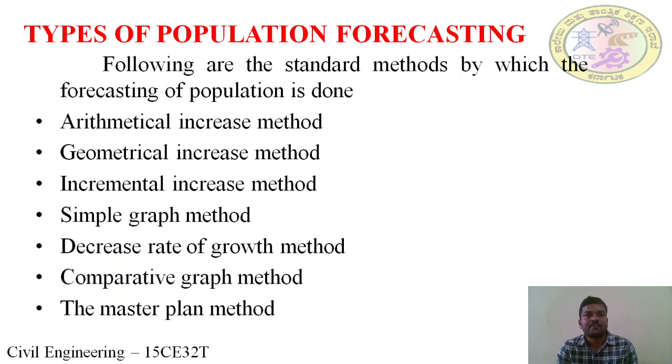After knowing population forecasting, we must know the various methods of population forecasting. Generally, the standard methods by which the population forecasting is determined are listed below. Firstly, arithmetical increase method, geometrical increase method, incremental increase method, simple graph method, decrease rate of growth method, comparative graph method, and the master plan method.